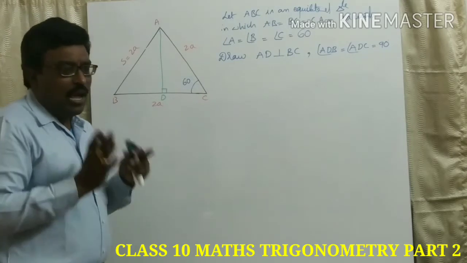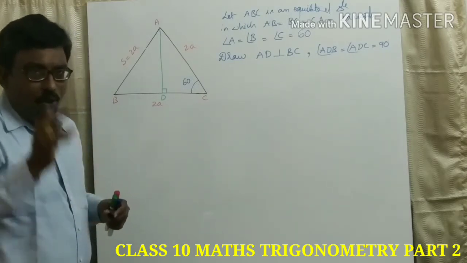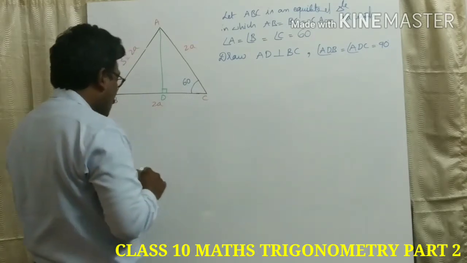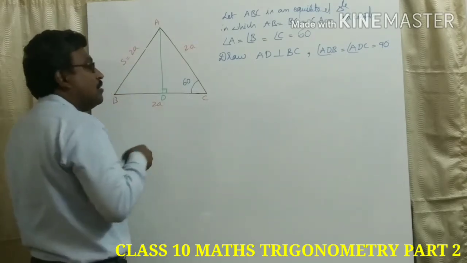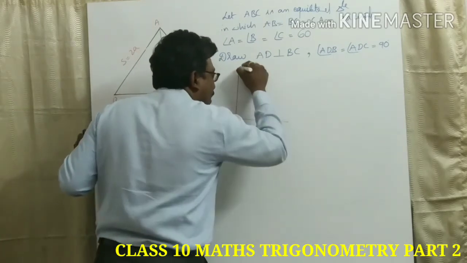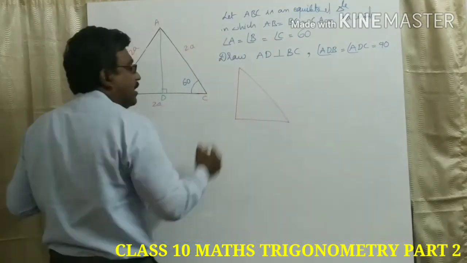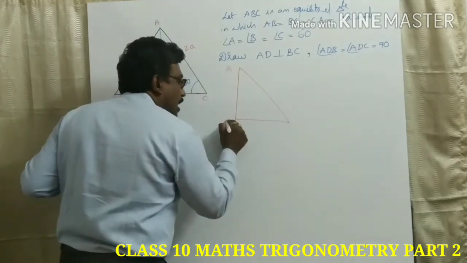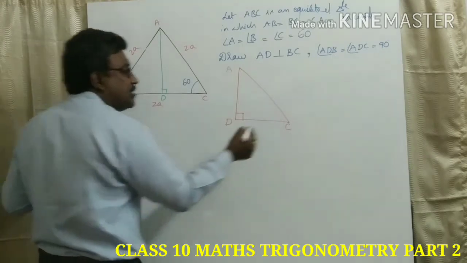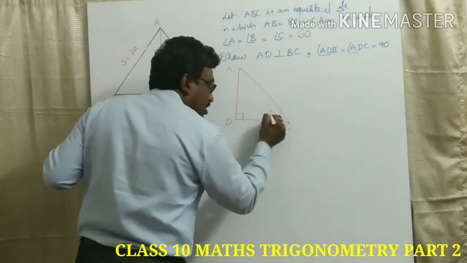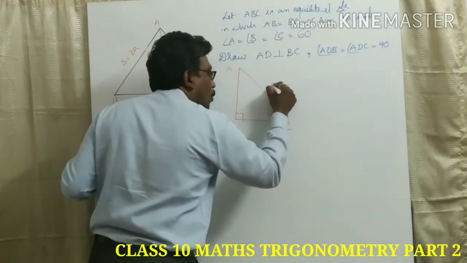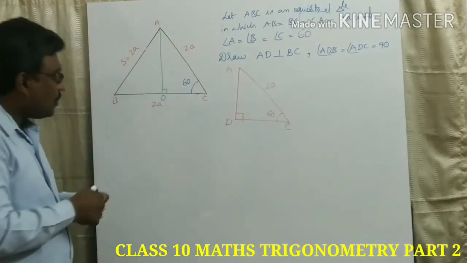Now, I am taking one part from the main triangle. That is one right angle triangle I am taking: ADC. Angle D is 90 degrees, angle C is 60 degrees, and this side is 2A centimeters.